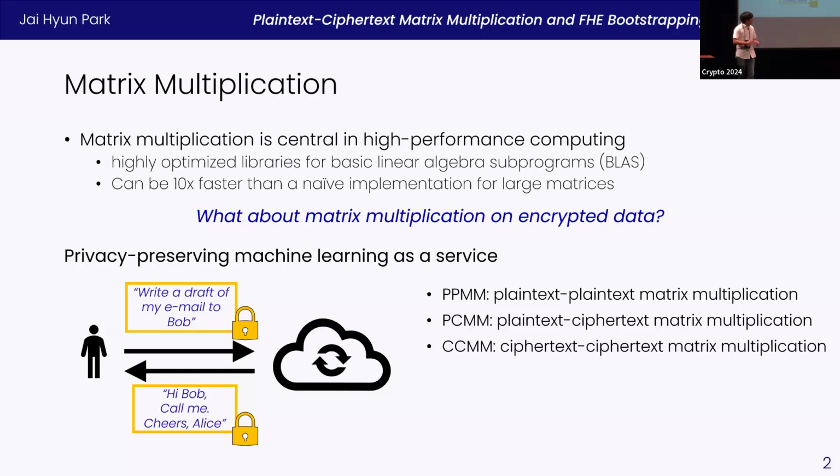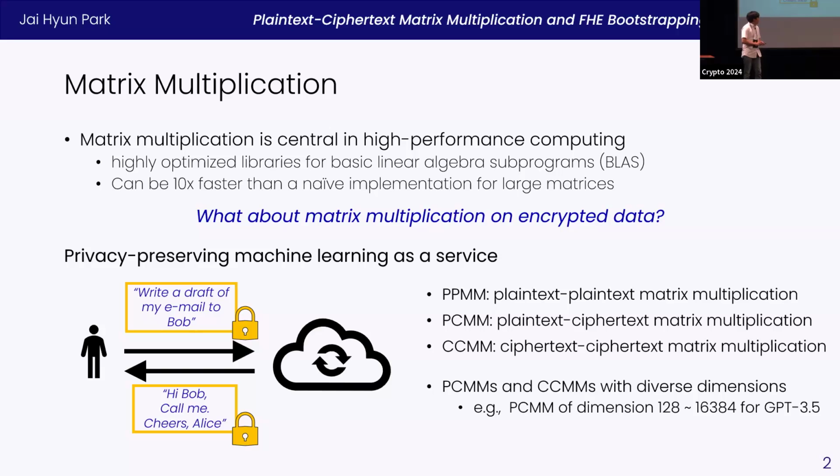During that, it often faces several kinds of matrix multiplication. Some of them are multiplication between two plaintext matrices, which we call PPMM. Some are multiplication between encrypted and unencrypted matrices, which we call PCMM. And some are between encrypted ones, which we call CCMM. In this talk, we will focus on PCMM.